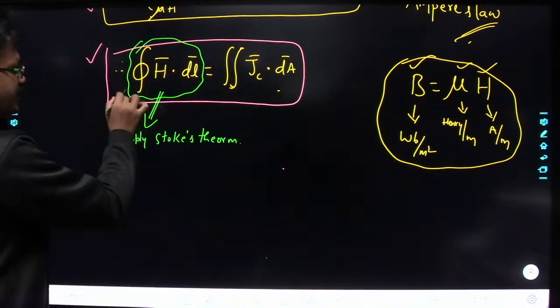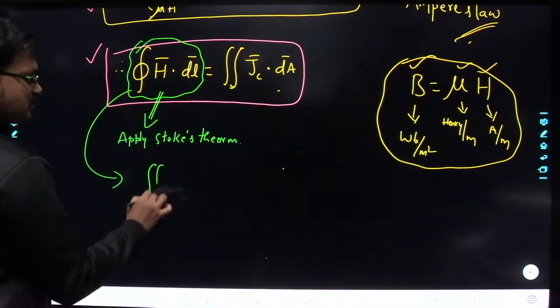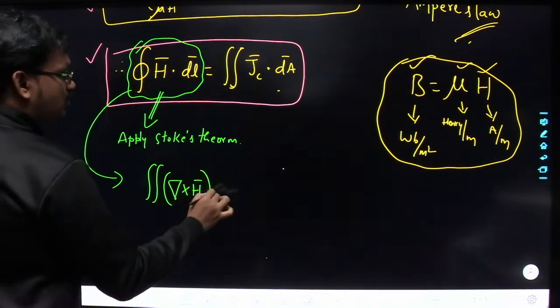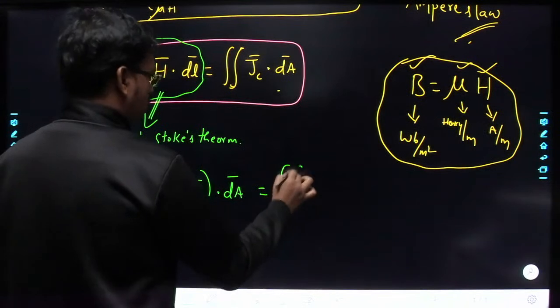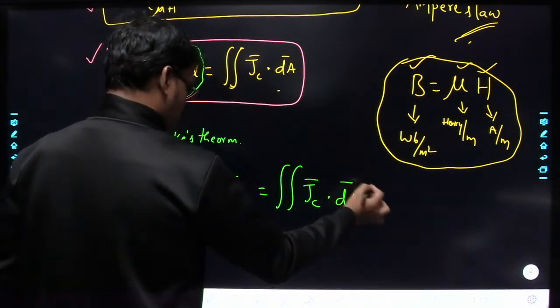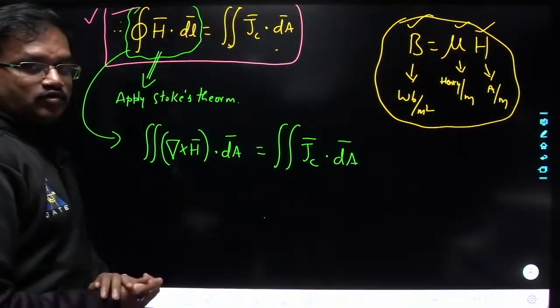Yes or no? By applying Stokes theorem, I can represent this as double integral of del cross H bar dot dA bar, that is equal to double integral JC bar dot dA bar. Understood? Okay, so the surface area on both sides will get cancelled.